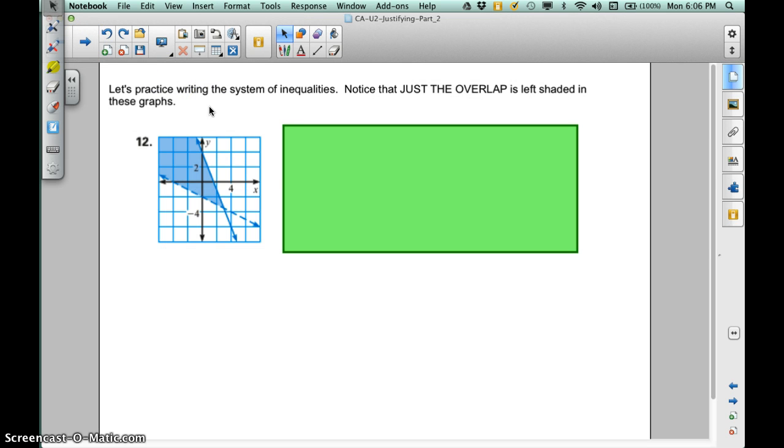Let's practice writing the system of inequalities. Notice that in this case, just the overlap is left shaded in these graphs. I want you to pause the video and use slope and y-intercept to write the inequality for this line and for this line. Take a few minutes and do that now.